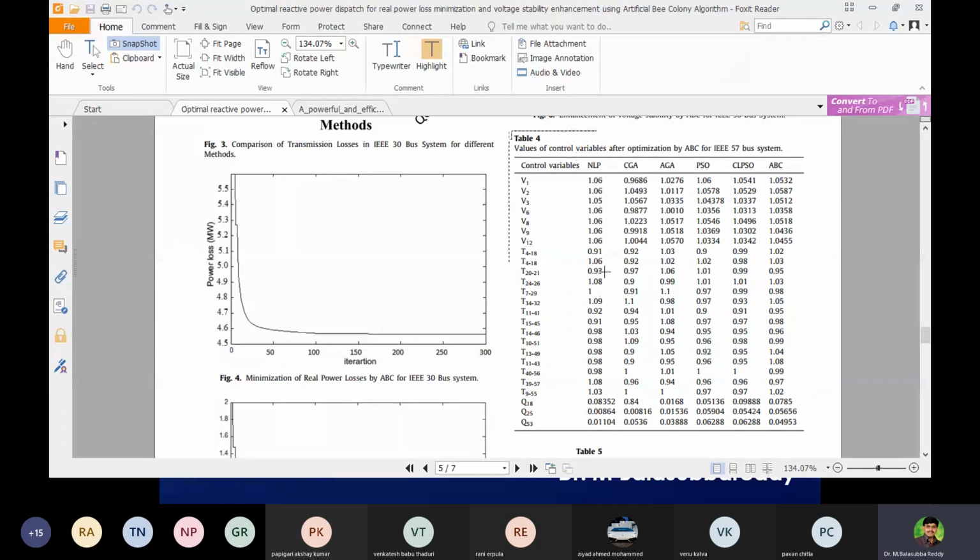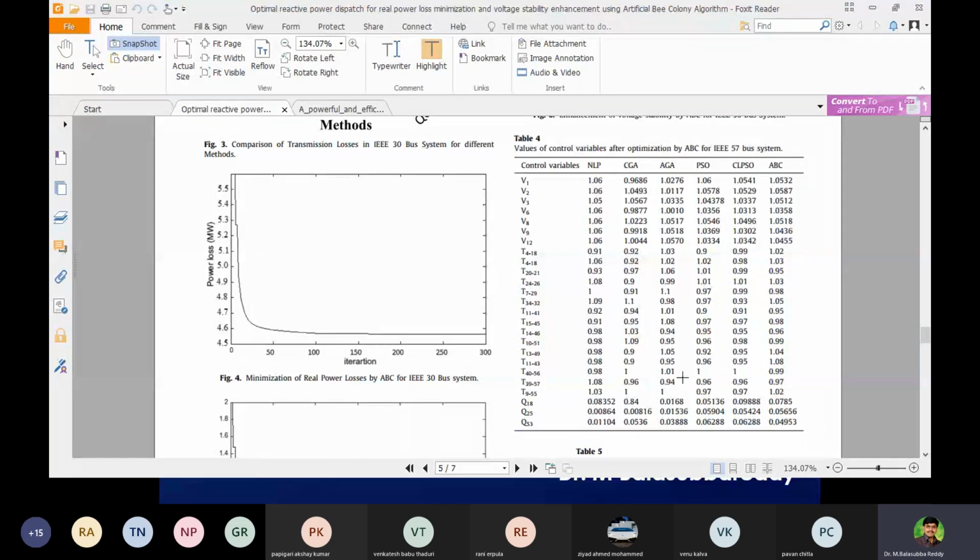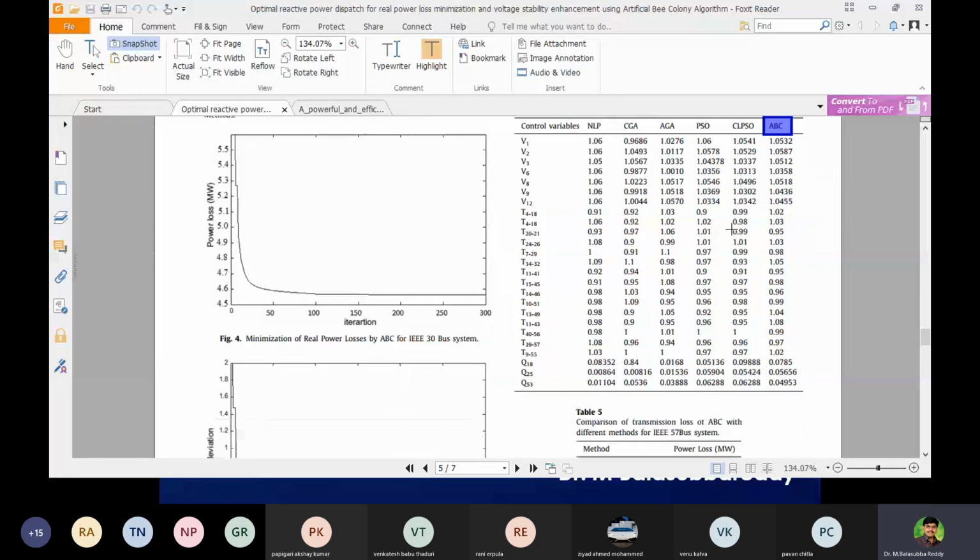Now the 57-bus system they used. What I showed you in the previous diagram was the IEEE 30-bus system. But now we can see the IEEE 57-bus system, where again they used different algorithms, and finally they came to know that the proposed ABC algorithm gives the best value compared to the other methods.